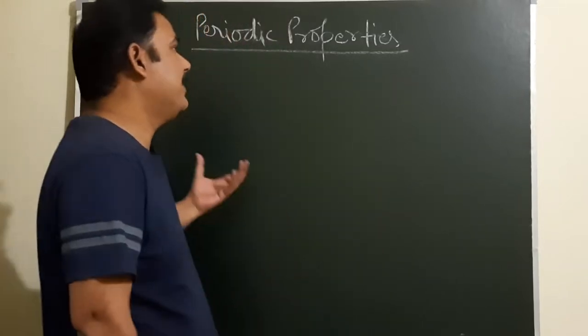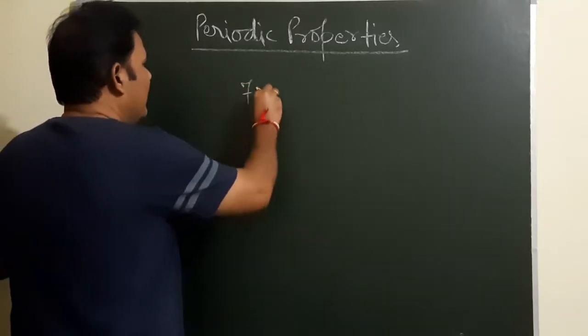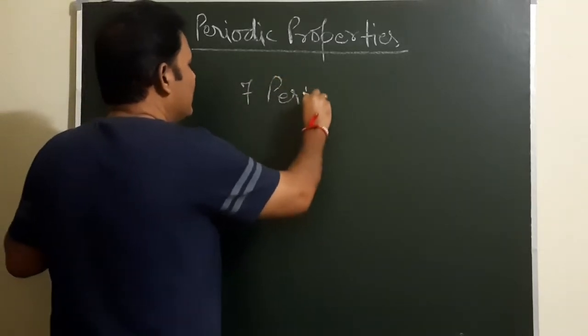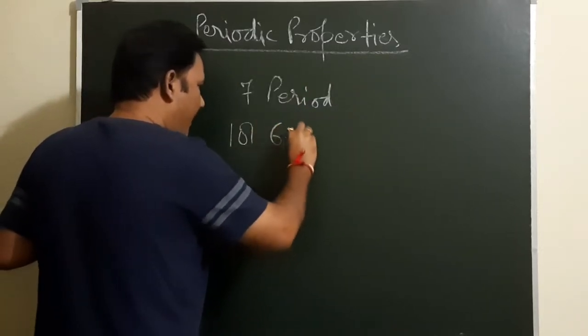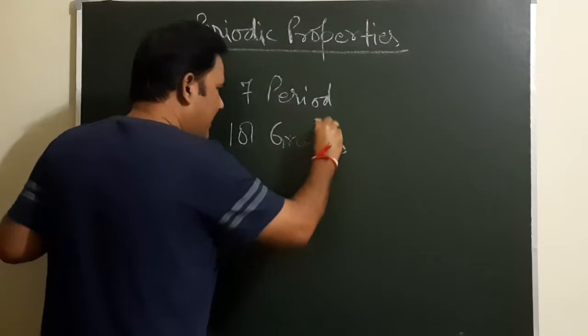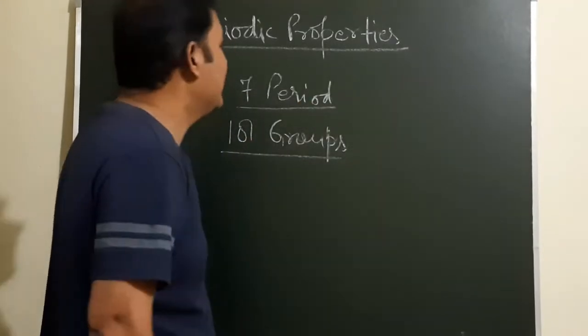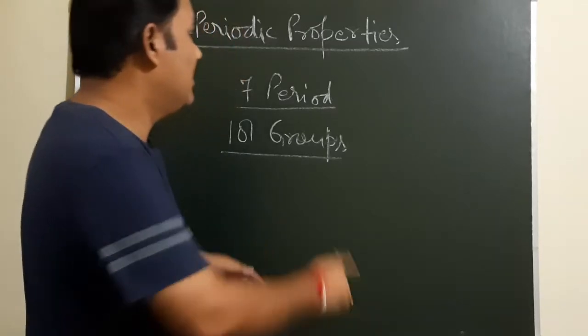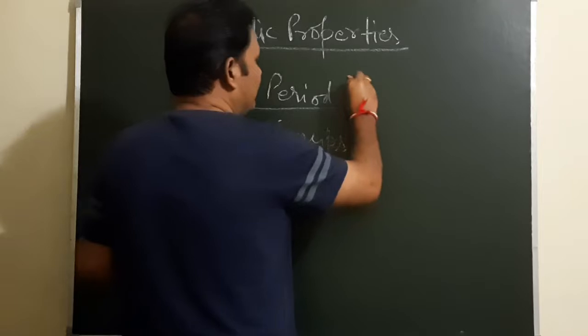As we know, the periodic table is divided into 7 periods and 18 groups. The periods, meaning the horizontal rows, are known as the periods.